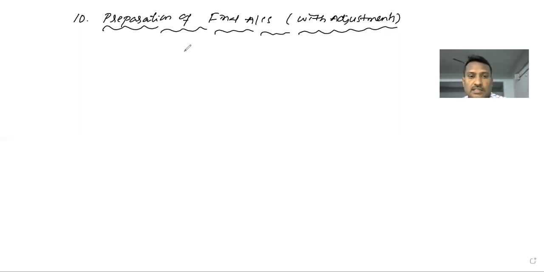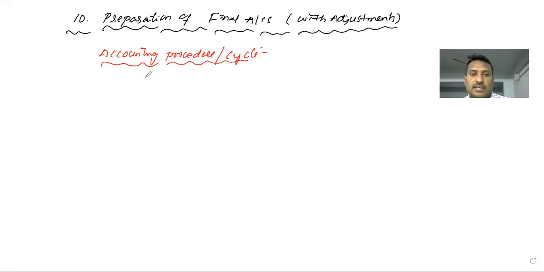Let me start now. Any businessman or accountant follows an accounting procedure, also called the accounting cycle. The accounting process actually begins with journal entries.